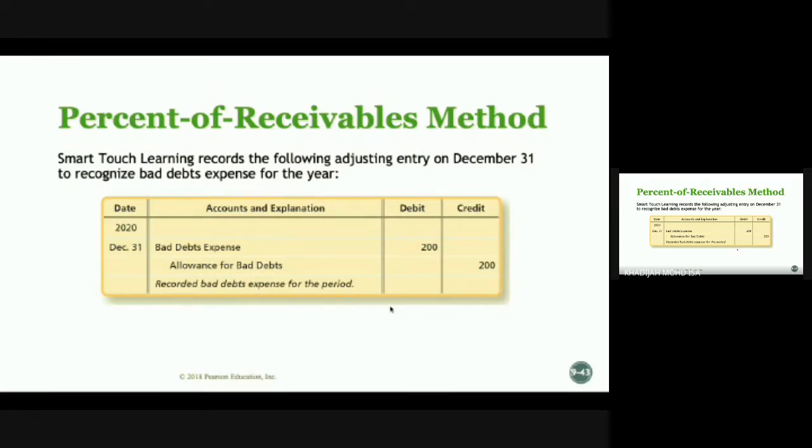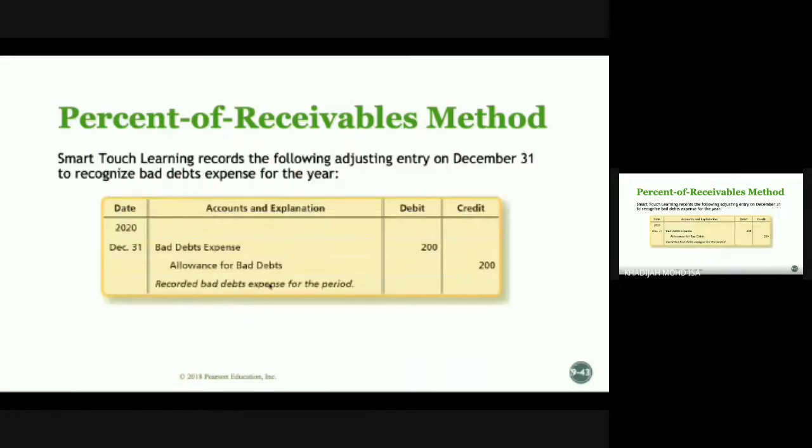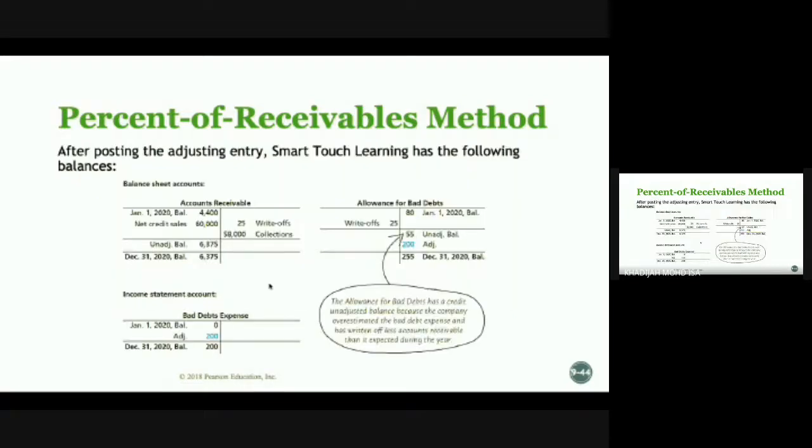Under the percentage of receivable method, record the following adjustment: debit bad debt expense, credit allowance for 200. How you get the 200 is the balancing figure here. I know this one is a bit confusing, but that's the method used by the MFRS. Remember that the allowance has a credit unadjusted balance because the company overestimated the bad debt, so that's why you credit.